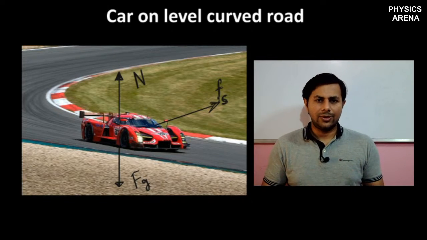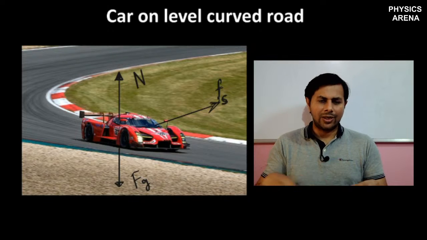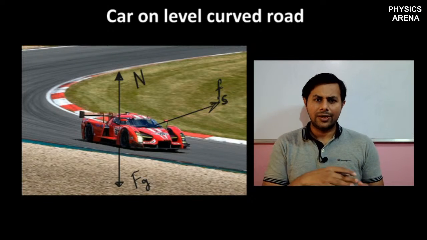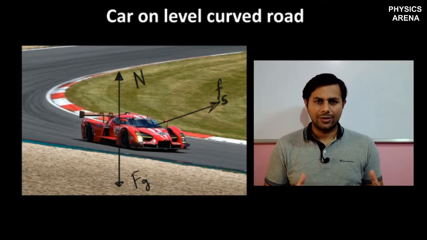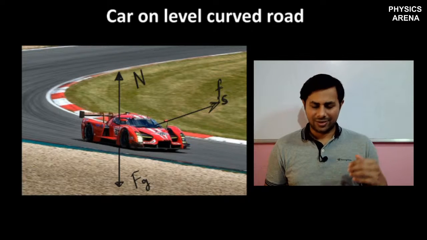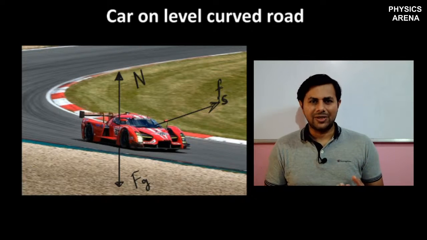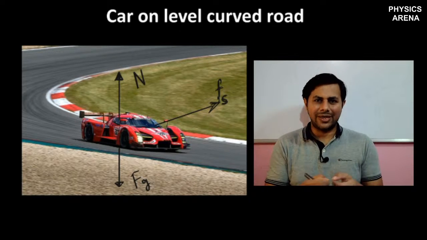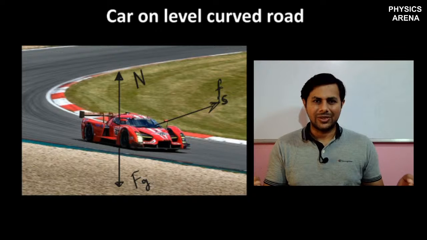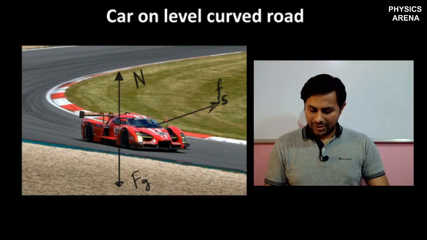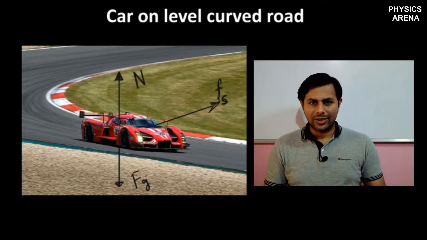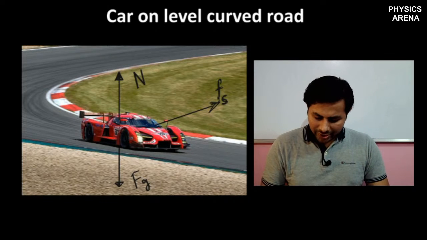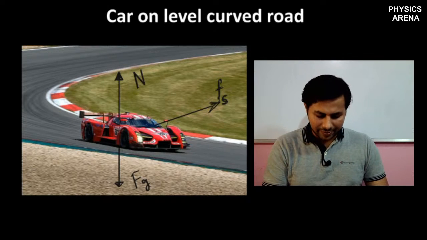Okay, so now the radius of a curved road is also fixed. Radius of curvature is fixed, right? So just to increase the speed limit, we cannot increase the radius of the circle, or radius of the turn. So that means now only one thing is left, which is the coefficient of static friction.